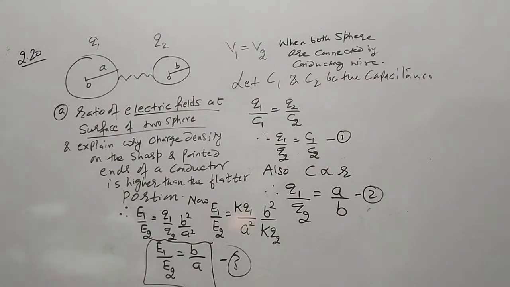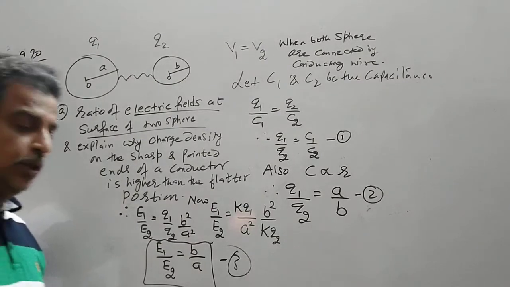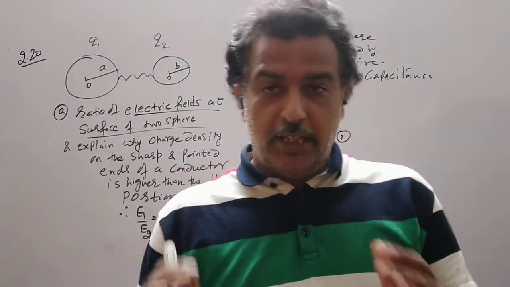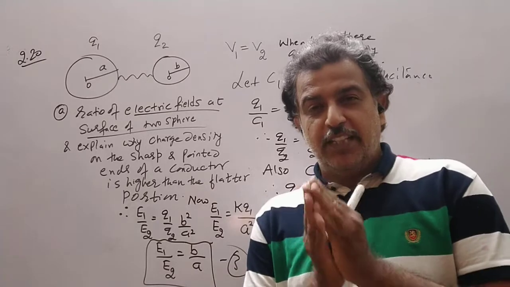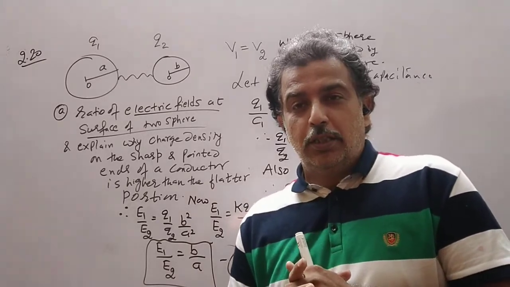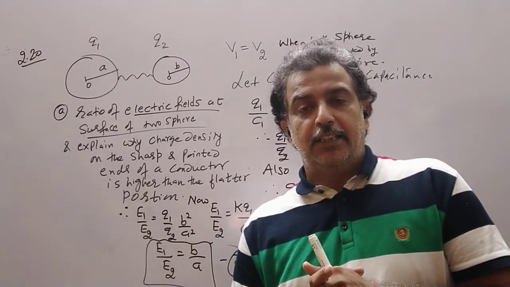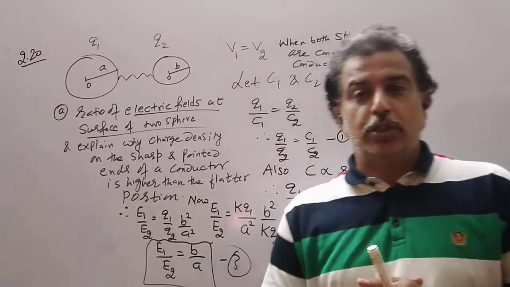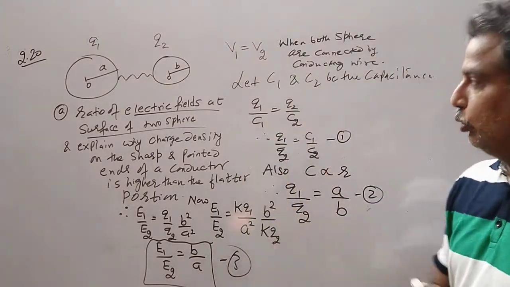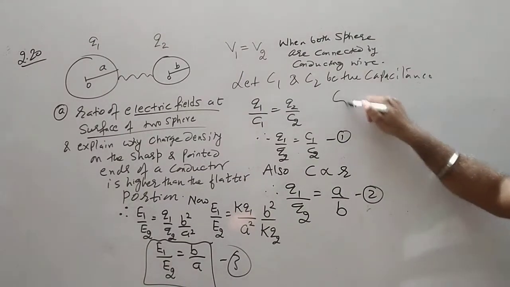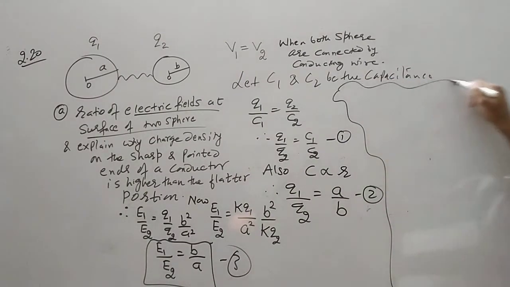If a sphere is given to you, the electric field intensity is inversely proportional to the radius. So this you have to remember. For an individual sphere you have 1 upon r square.